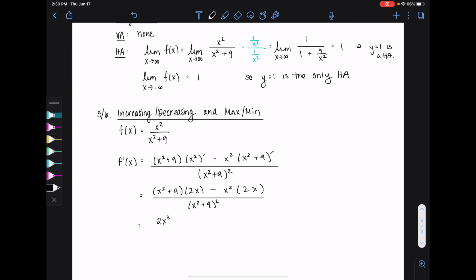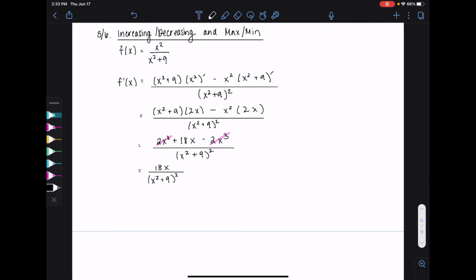That's 2x cubed plus 18x minus 2x cubed. And then the denominator stays untouched. But nice stuff happens. Those disappear. And we get 18x divided by x squared plus 9 squared.